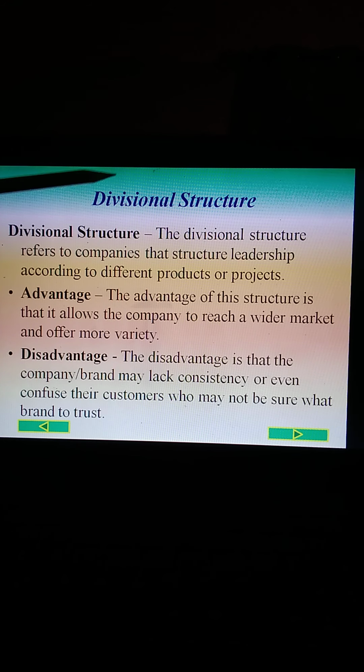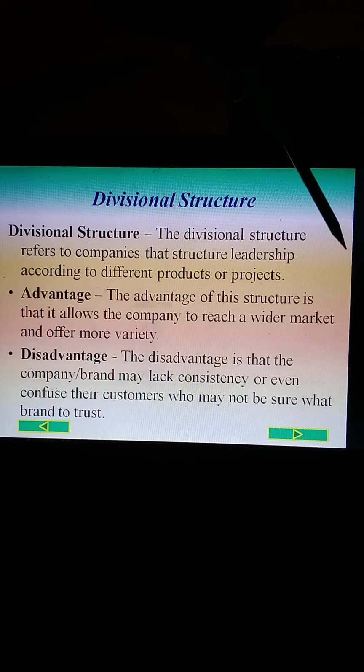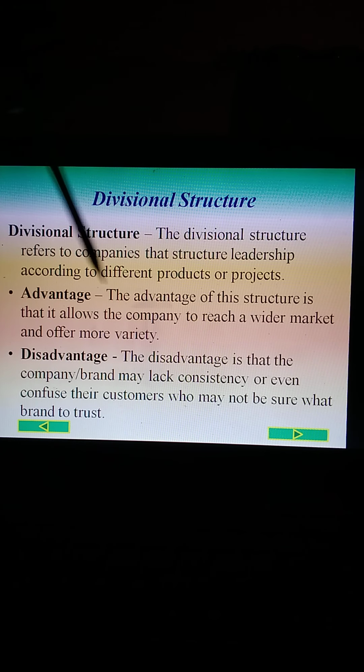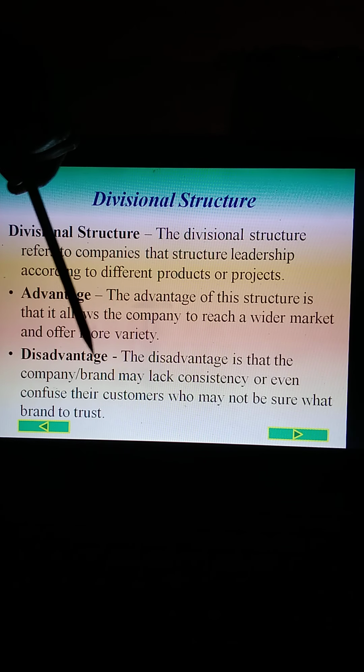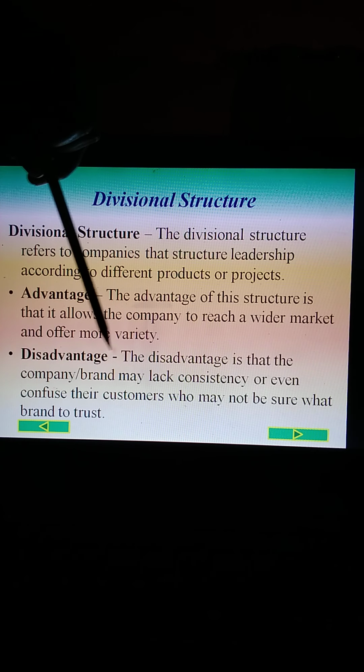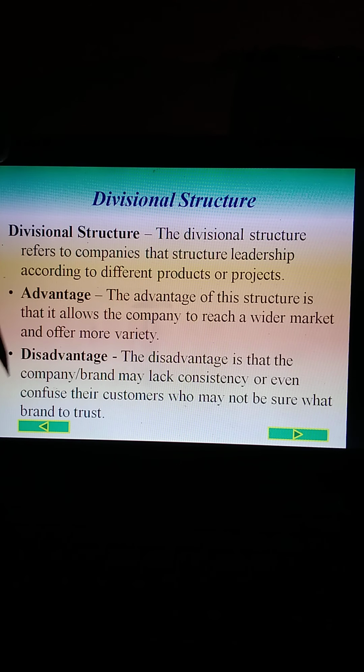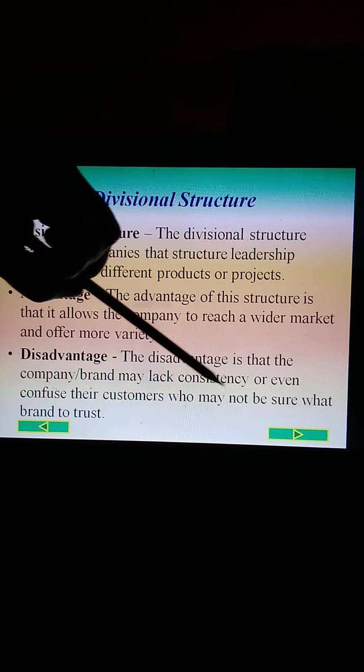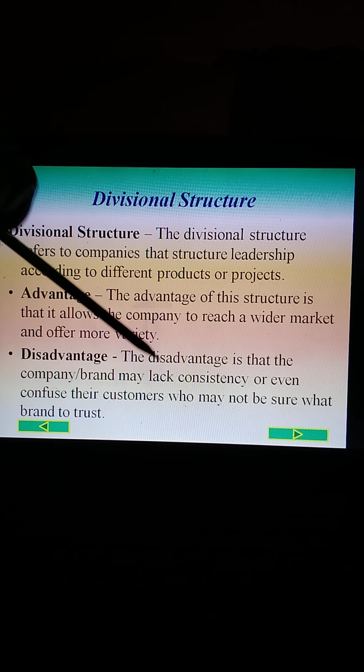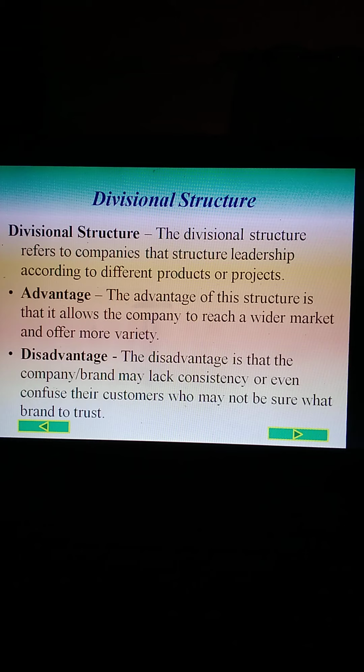So when you use this structure, you can reach more customers and you can offer more goods and services. One bad thing about this, which we call the disadvantage, is that the company may lack consistency. So they might do something this way today, and they might change the way they do it tomorrow. And that will confuse the customer. Okay?